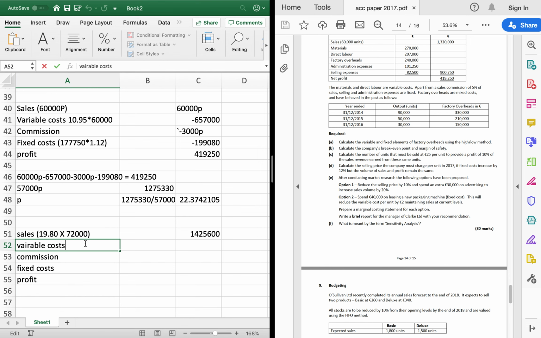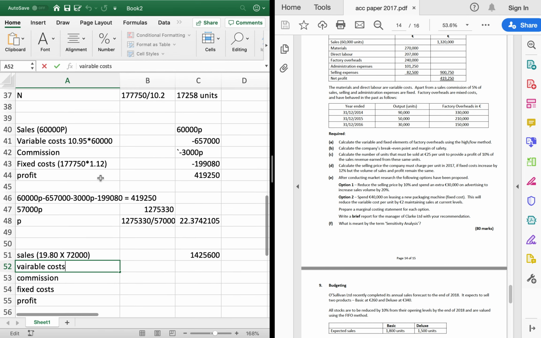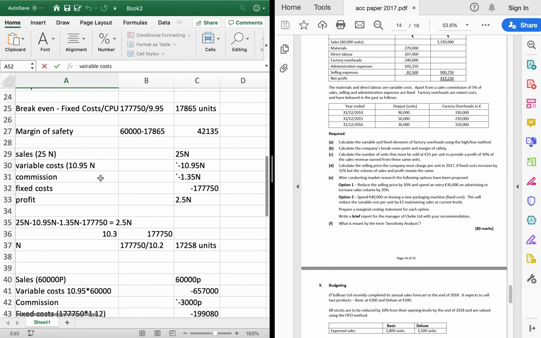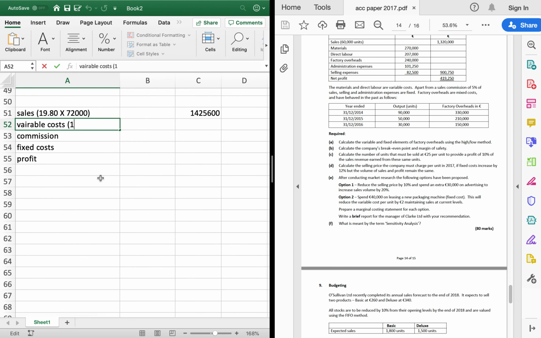The variable costs are going to remain the same. So they're still 10.95, and we're going to multiply that by 72,000.